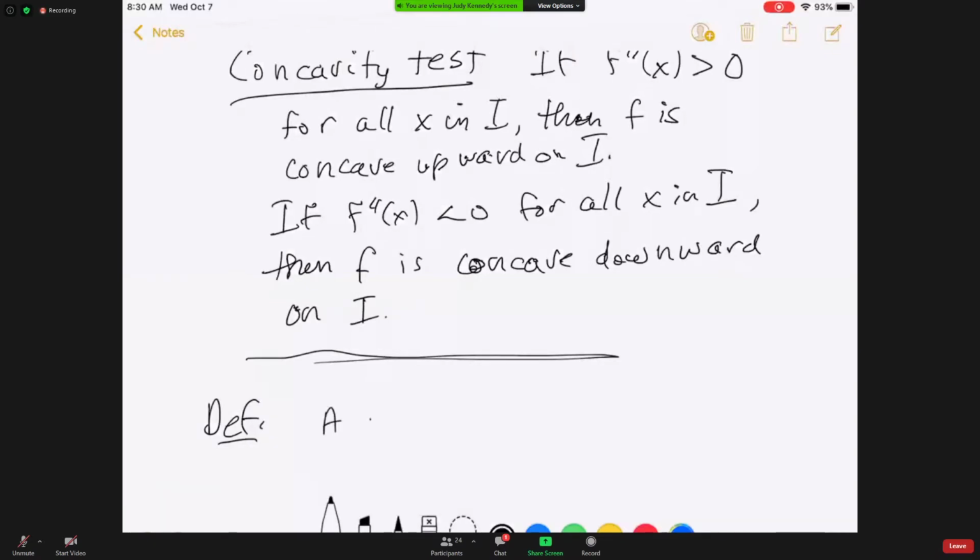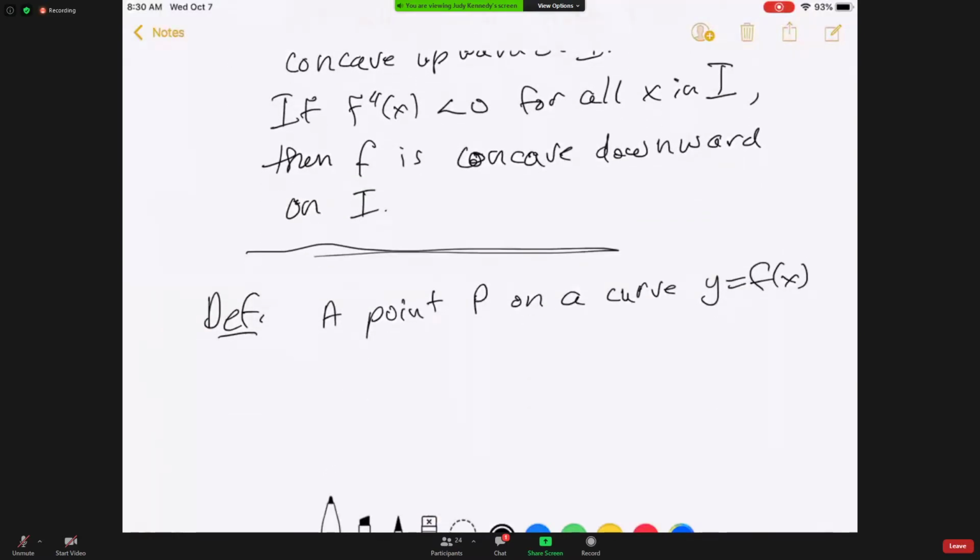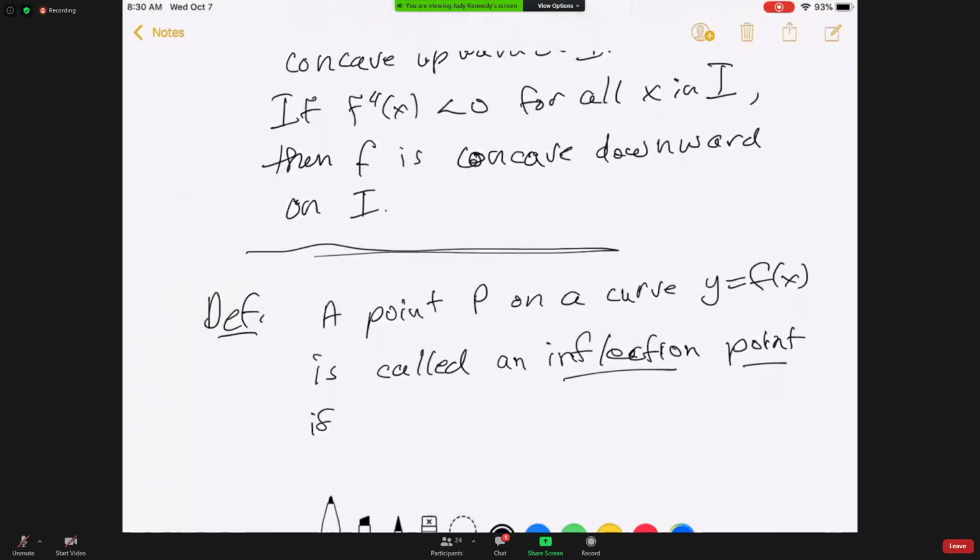A point P on a curve y equal to f of x is called an inflection point if the concavity changes at that point.